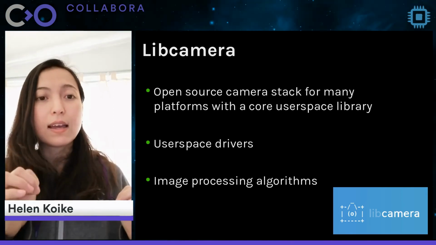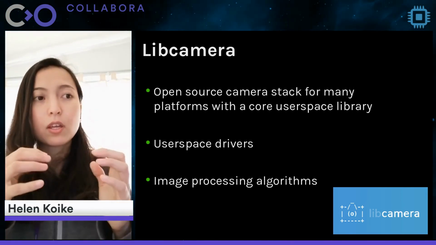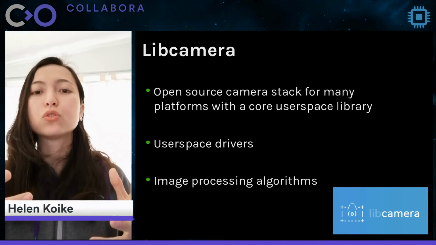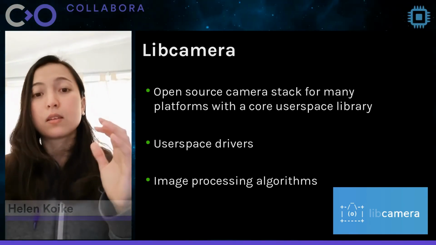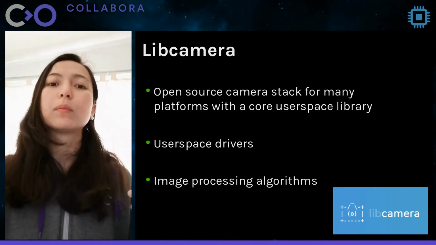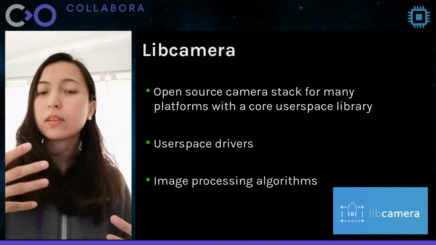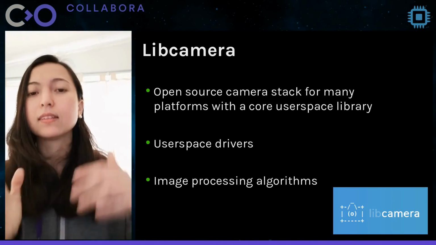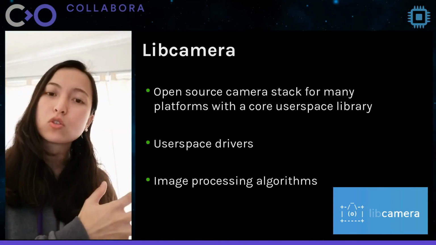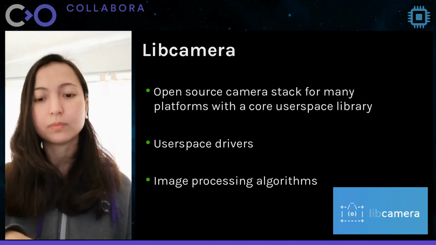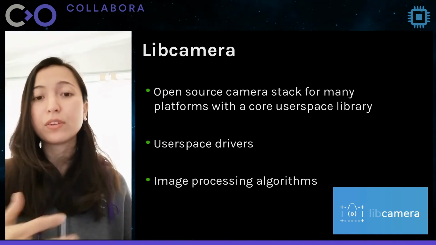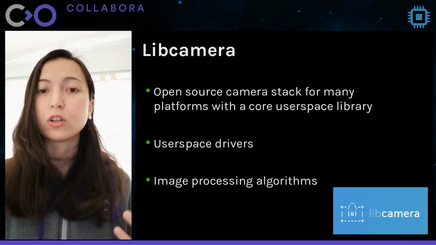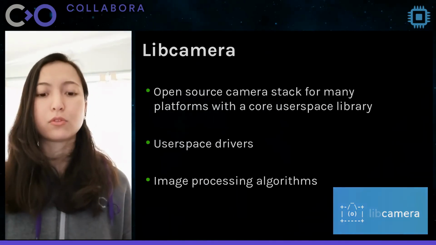And what is nice is that libcamera allows you to plug your own image processing algorithms as a plugin, so you can plug in your proprietary algorithm, and it separates really nicely the open source part from the proprietary part. We can think of libcamera as the equivalent of the Mesa project for the graphics world, but for the camera world.